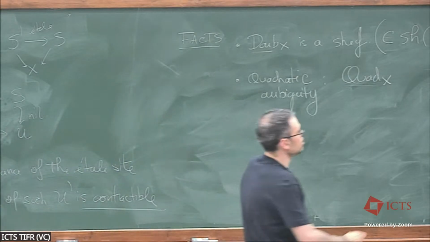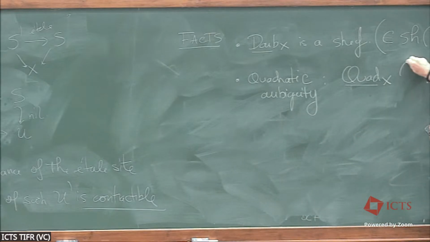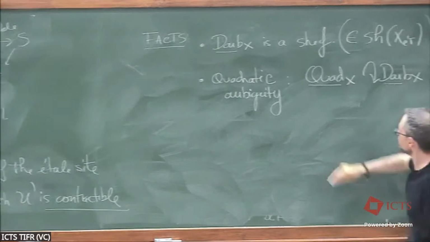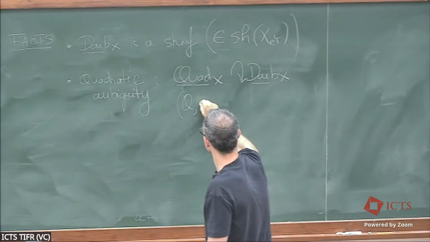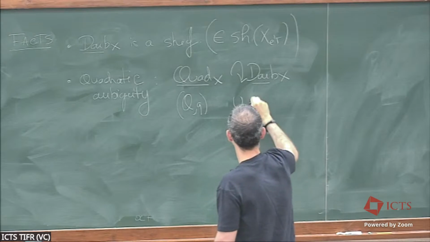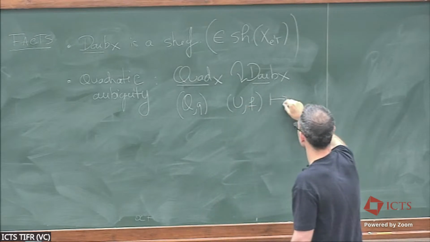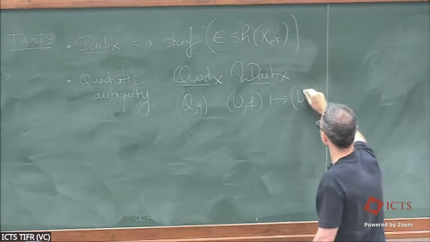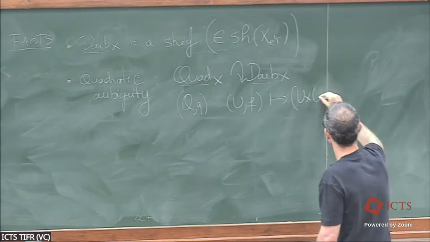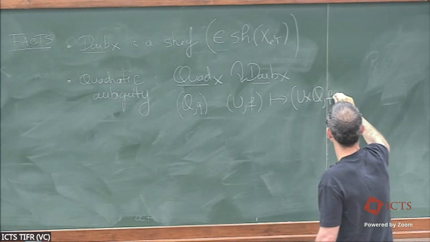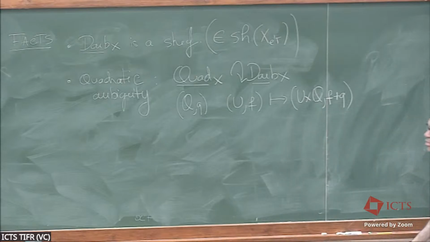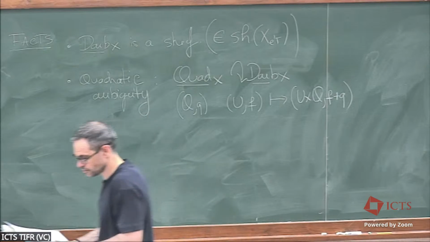And this stack restricted to the small étale site acts on the Darboux stack. How does it act? If I have a quadratic bundle, and if I have a local model, I can produce a new local model just by adding the variables and the functions. And this remains a local model because this is a Morse function, so the critical points don't change.